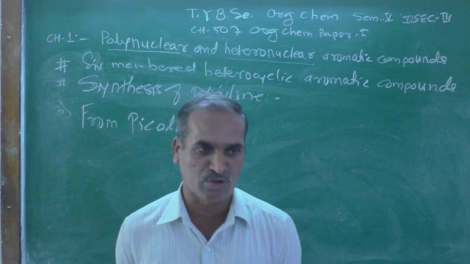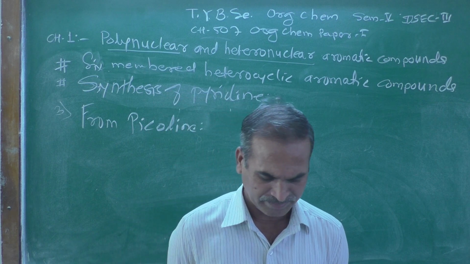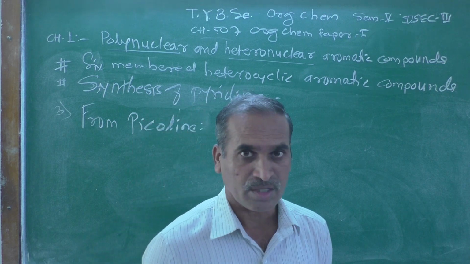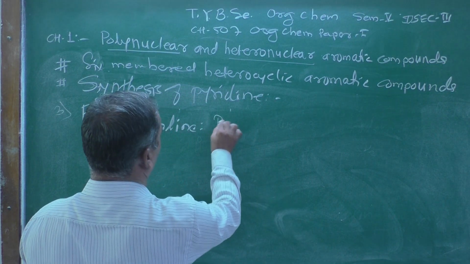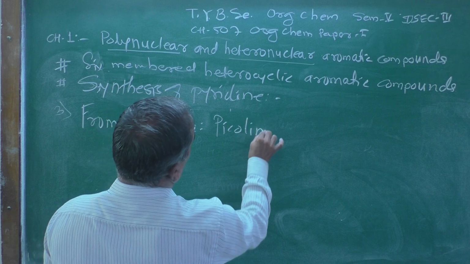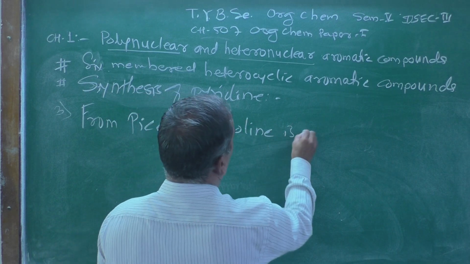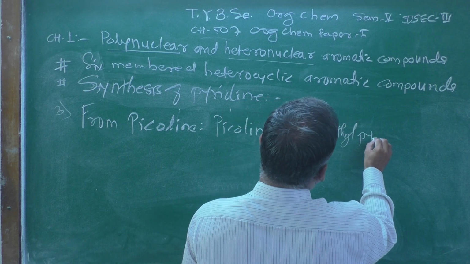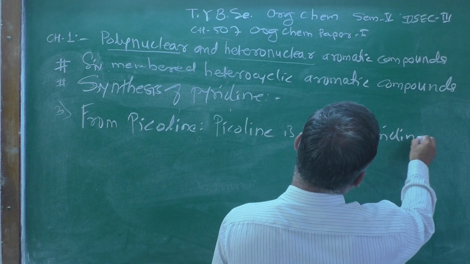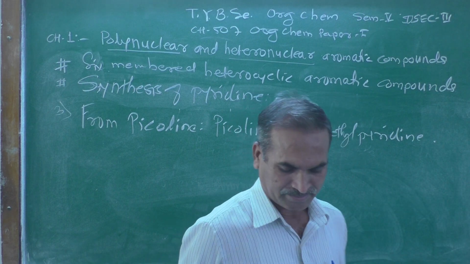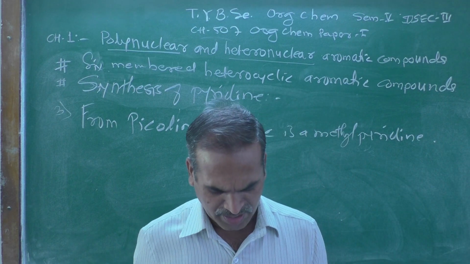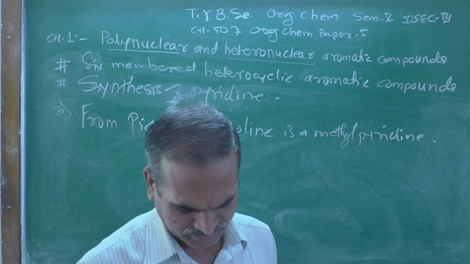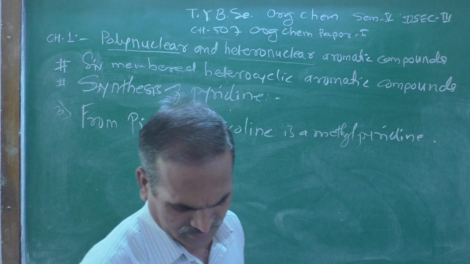These are the 3 isomers of picoline. So picoline is a methyl pyridine.